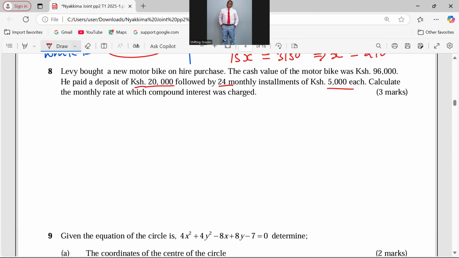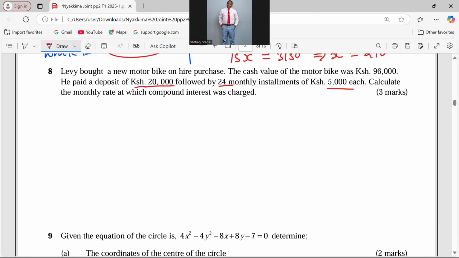Calculate the monthly rate at which compound interest was charged. There's something you're supposed to know here, that compound interest, or even interest of any type, can even be simple interest, but it is usually charged on the balance once a deposit or down payment has been made.